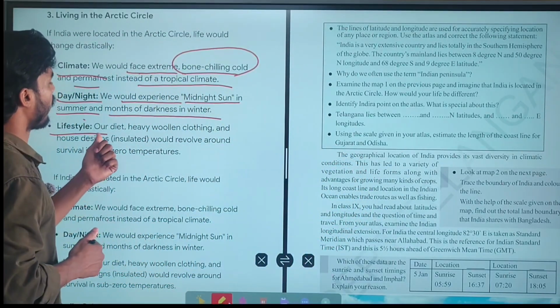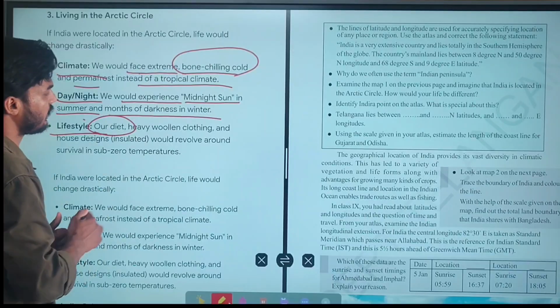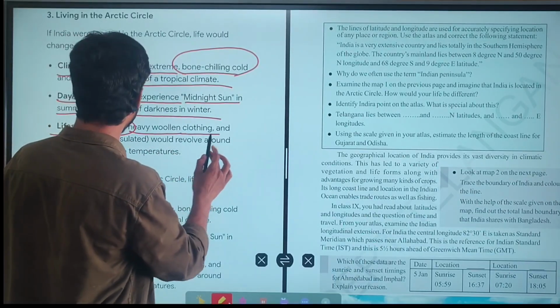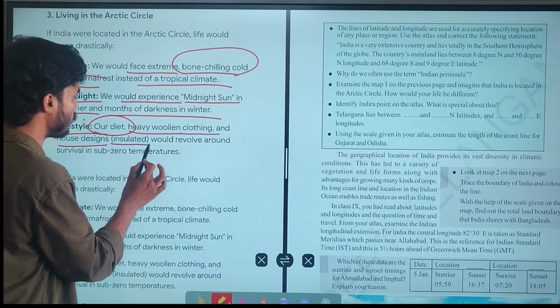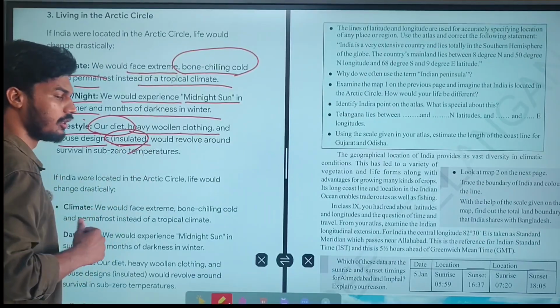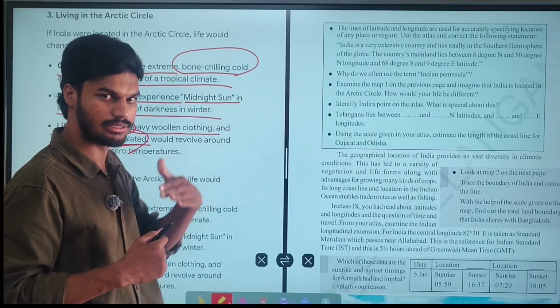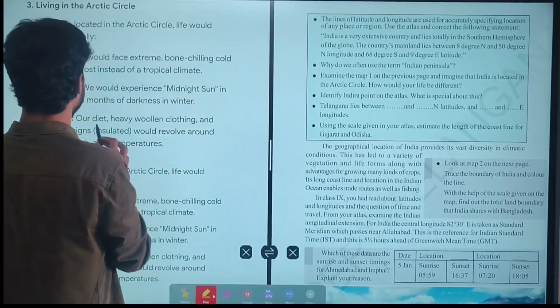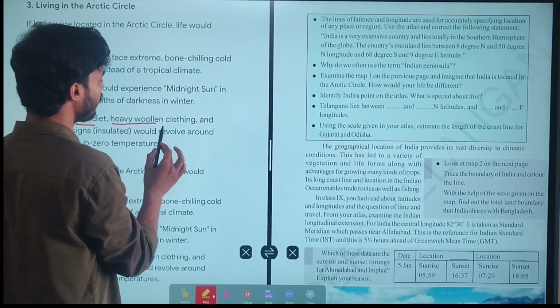Lifestyle and diet: we have to change our diets. We need heavy woolen clothing and house designs that are insulated. Insulated means able to protect from extreme temperatures.